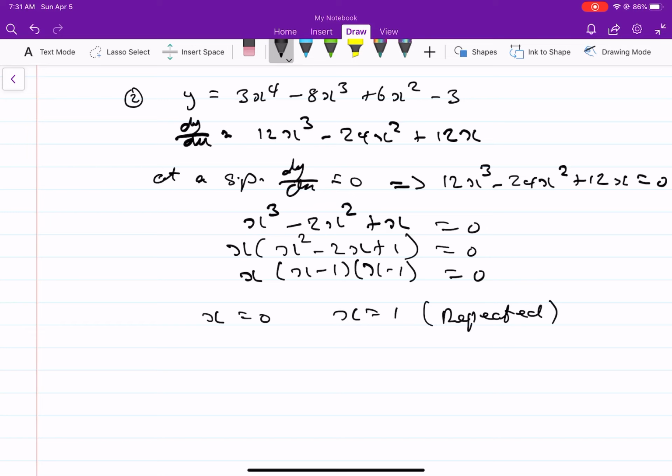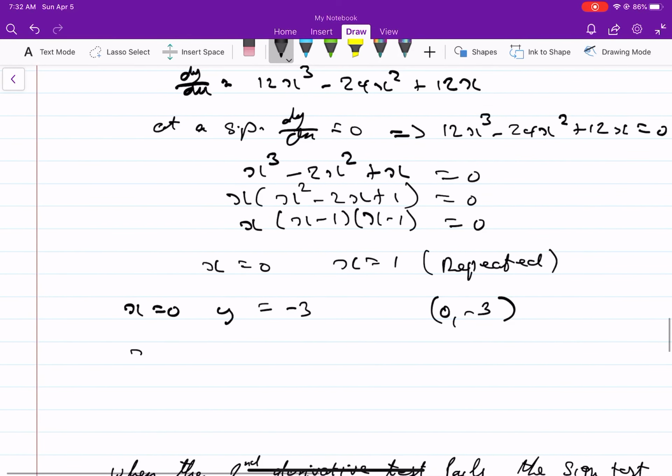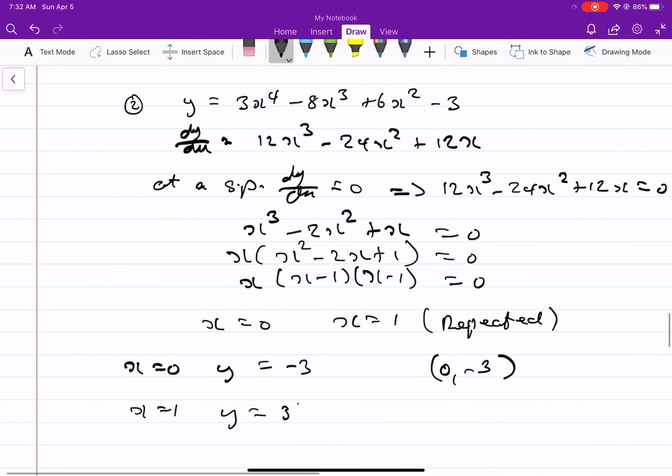So when x is equal to 0, clearly everything in the y function goes to 0 except the minus 3. So 0 and minus 3 is one stationary point. And when x is equal to 1, y is equal to 3 times 1 to the 4th minus 8 times 1 cubed plus 6 times 1 squared minus 3.